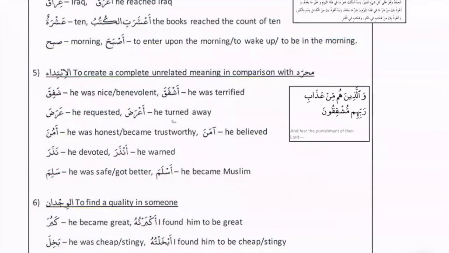So when mujarrad, like family 1 we are using, and from family 1, when we change into family 4, we bring this family 1 into family 4, it goes.